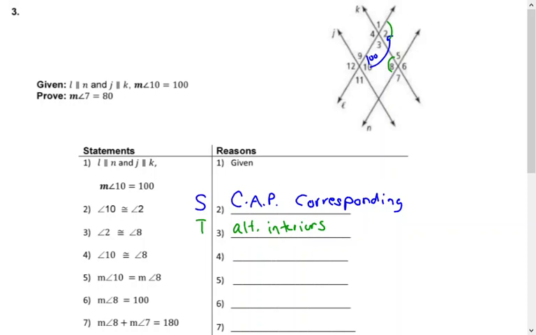Now we're looking at why we can say, from the two statements above it, that 10 is the same thing as 8. We're doing that looking at the two statements in front of it and linking together something that's the same in both. When we do that, it's called transitive property. And we are calling that I.